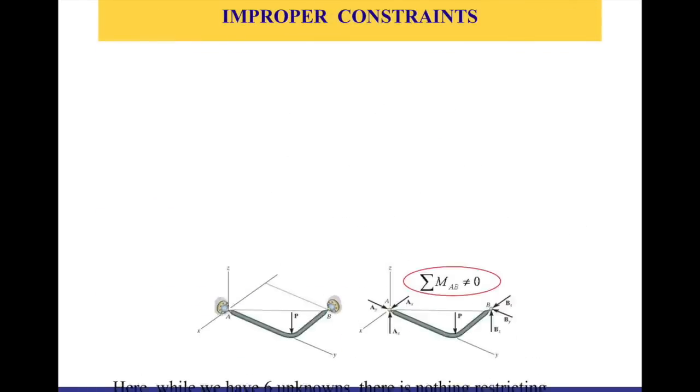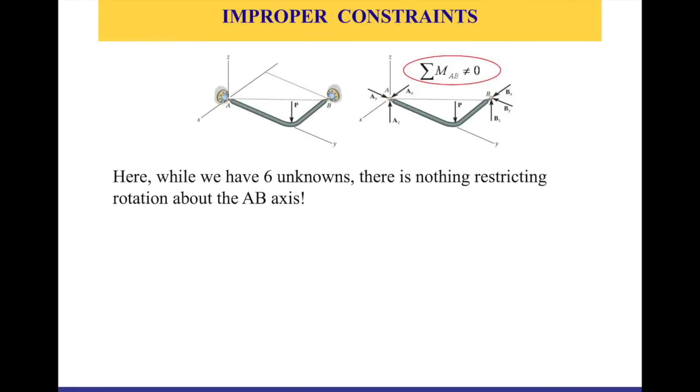The last thing I want to show you: I told you before that we need to make sure the body is also properly held or constrained by its supports to be statically at equilibrium. Here, if you look at this structure, you see that we have 6 unknowns, which means I can construct 6 equations of equilibrium and everybody will be happy because of the ball and socket.